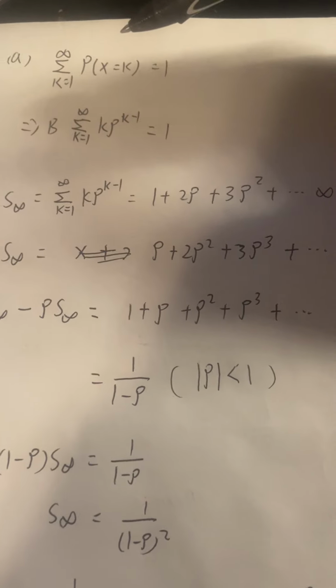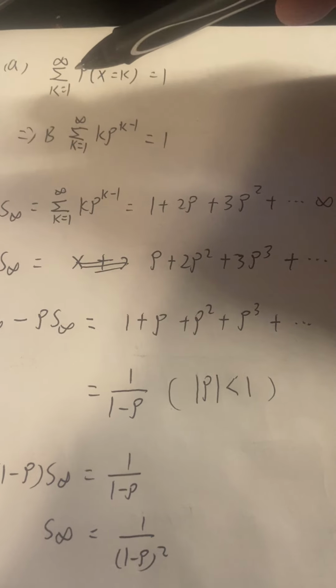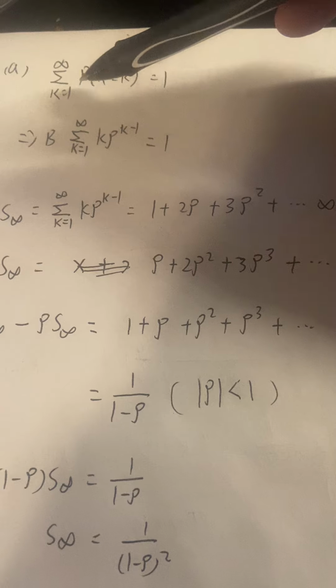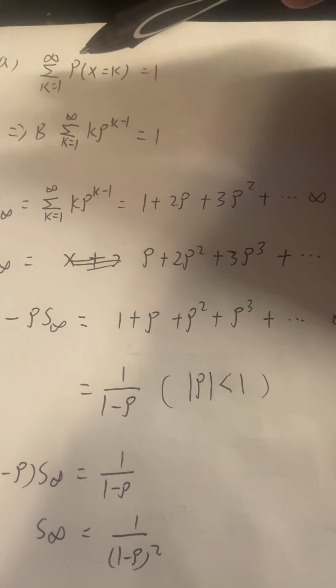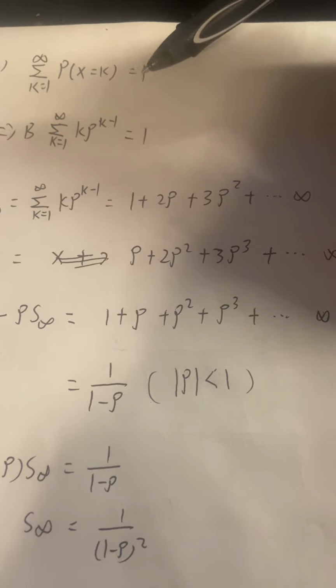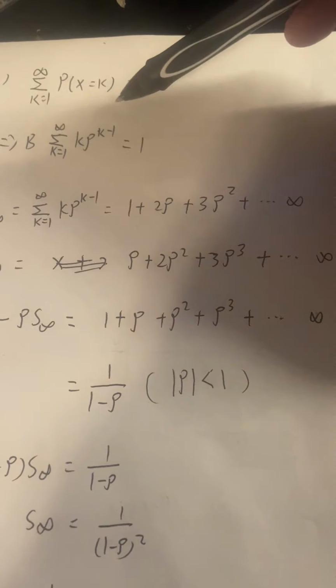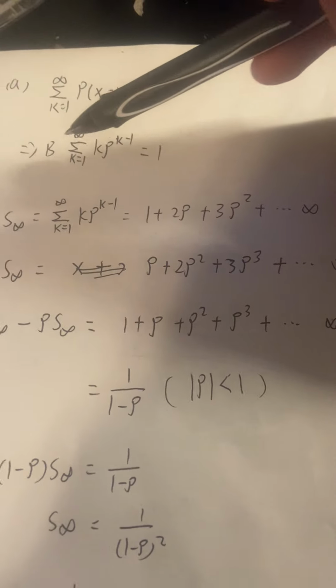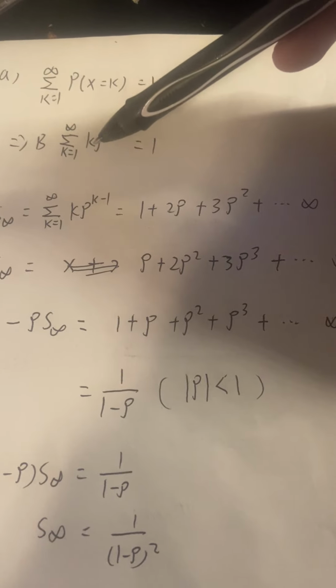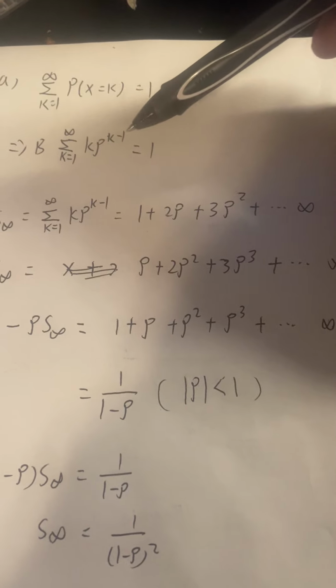We know that if P is a probability mass function, then the sum from k equals 1 to infinity of P of X equals k must be 1. So this is b times k times p to the power of k minus 1.